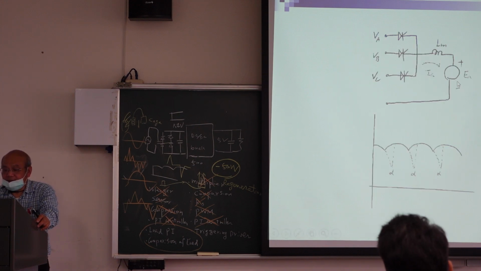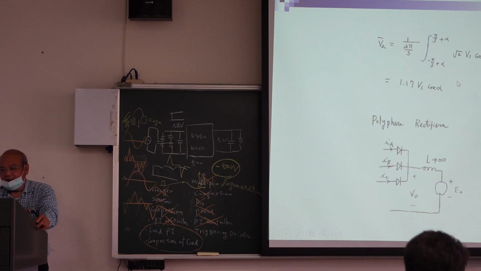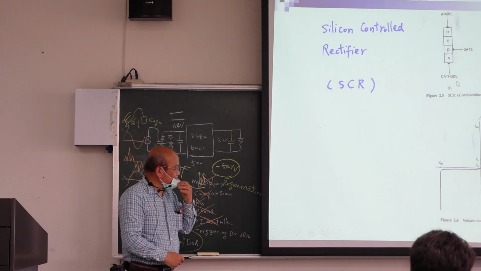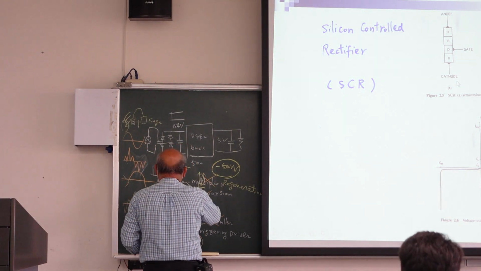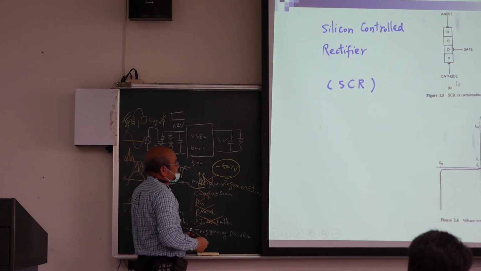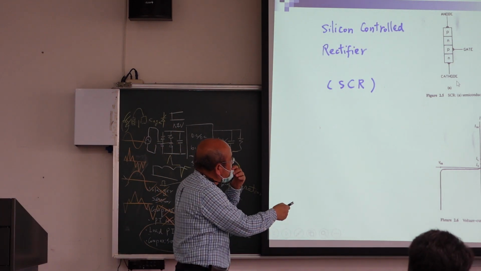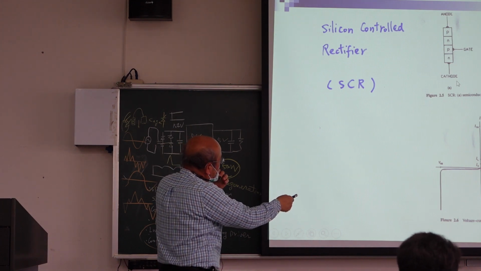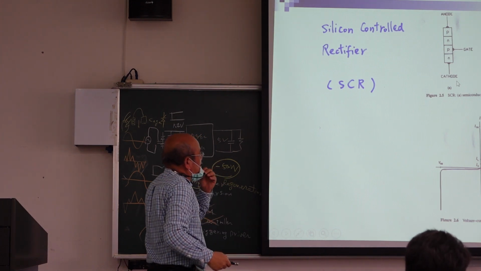Okay, so we can see here. We call this SCR. This is a diode, but if you use this symbol, it becomes SCR. So what is SCR? Three terminals: anode, cathode, gate.